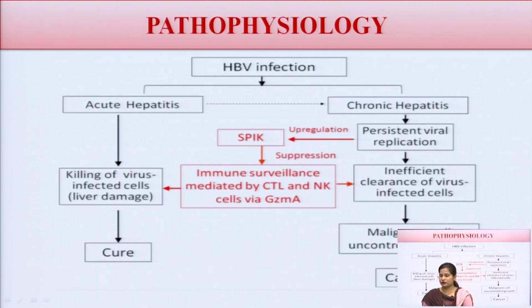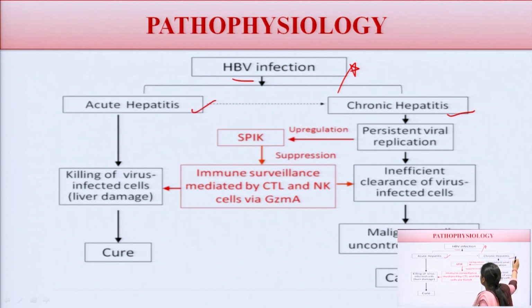Now, if we talk about the pathophysiology behind hepatitis, there are various kinds of HBV infection, acute hepatitis or chronic hepatitis. When it is acute, the infected cells are killed along with the viruses, which causes liver damage.